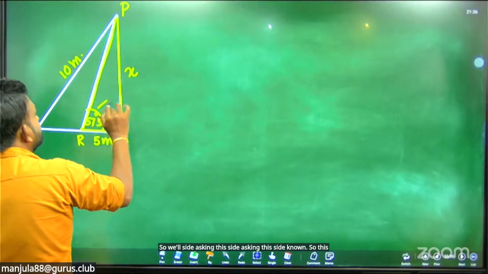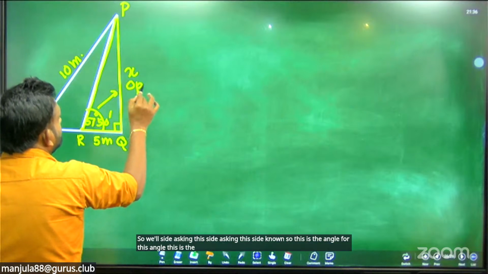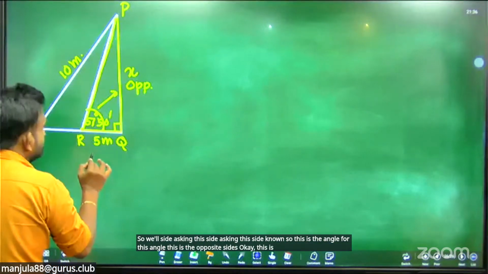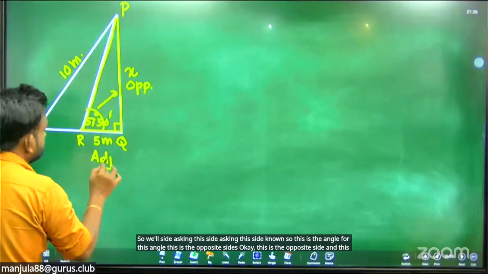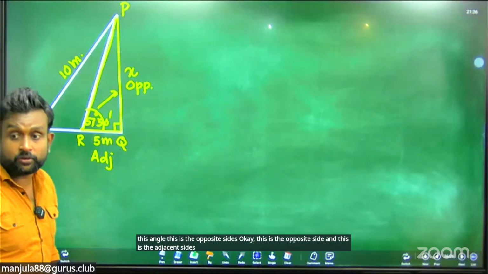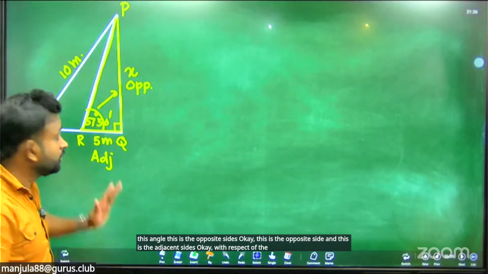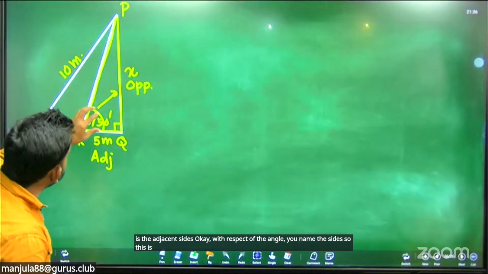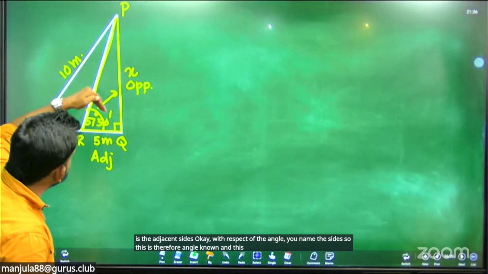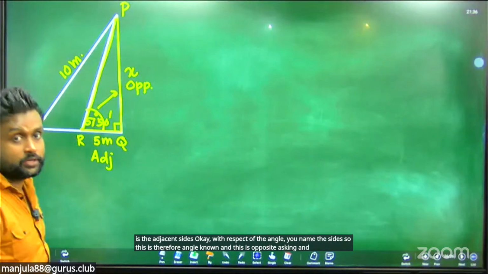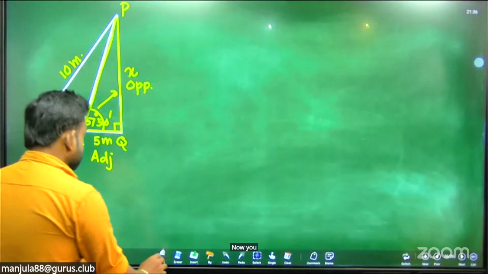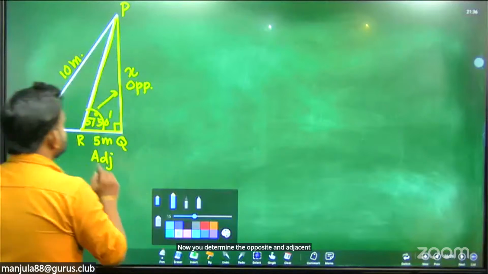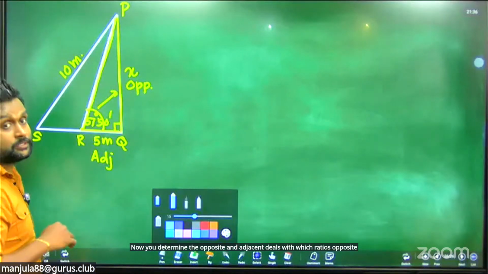For this angle, this is the opposite side and this is the adjacent side. With respect to the angle, you name the sides. The angle is known, the opposite is asked, and the known side is adjacent. Now you determine which ratio deals with opposite and adjacent. Opposite and adjacent deal with tan theta.